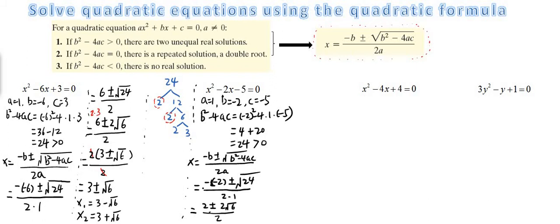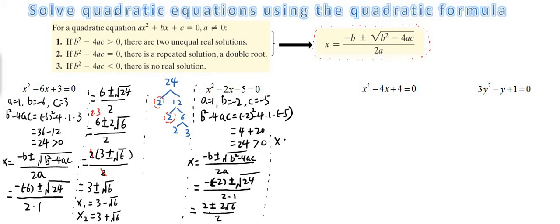Okay. Now we can see here for the numerator and the denominator, we both have 2, right? We both have 2. So that means we can simplify it.